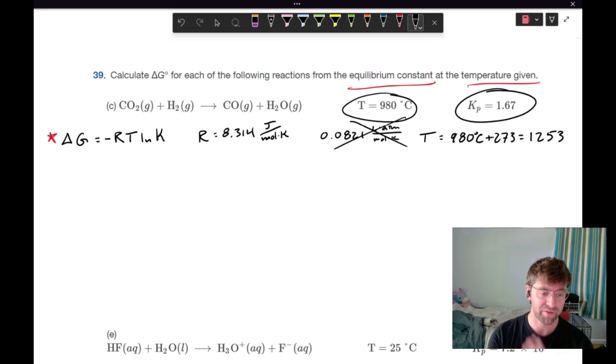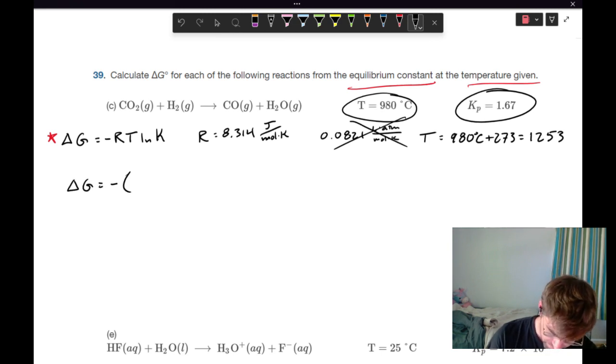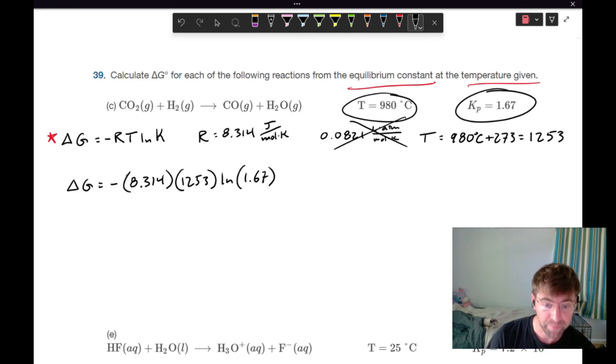So this is a real straightforward plug and chug. We're given all of the values that we need. Delta G equals negative 8.314 times our temperature times ln of 1.67.